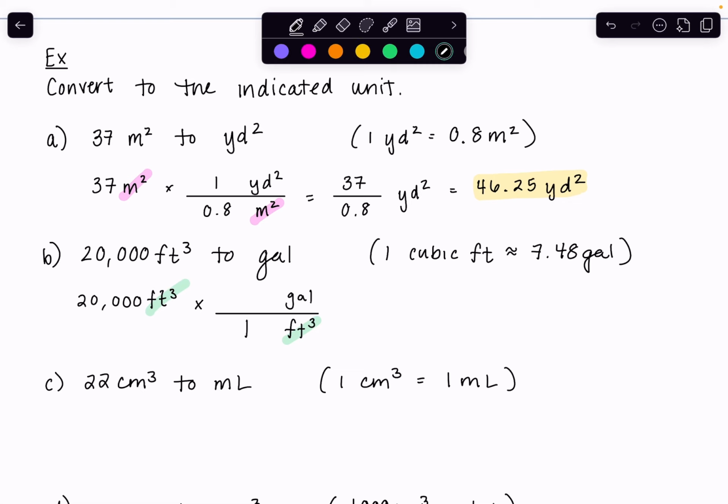And 1 cubic foot is about 7.48 gallons. So I've got 20,000 times 7.48, left with gallons as my unit. So this is equal to 149,600 gallons. So a lot of gallons.